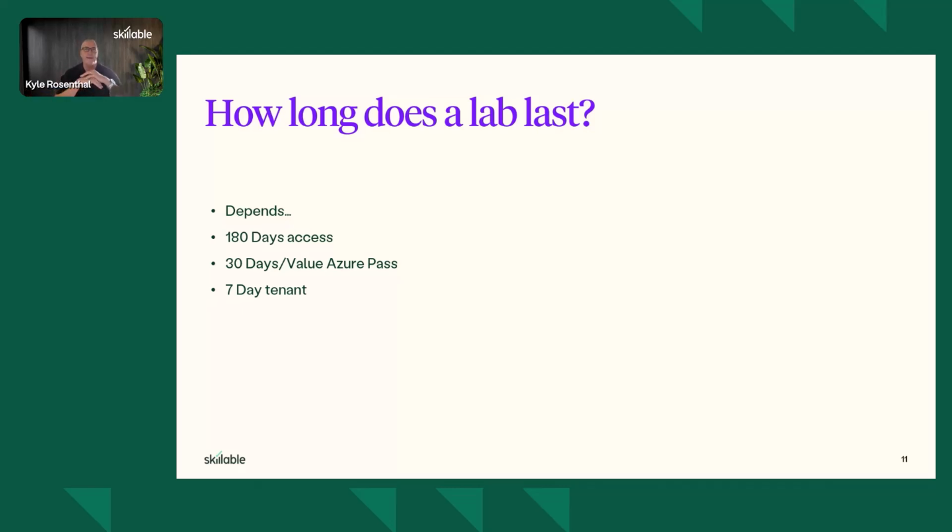Now, I know that's not ideal for some of you. I have one of my customers who said, but we do training courses over an extended period, that doesn't work for us. Well, I understand that, but we operate within the limits of the tenants that were issued from Microsoft. So it's a 7-day tenant.